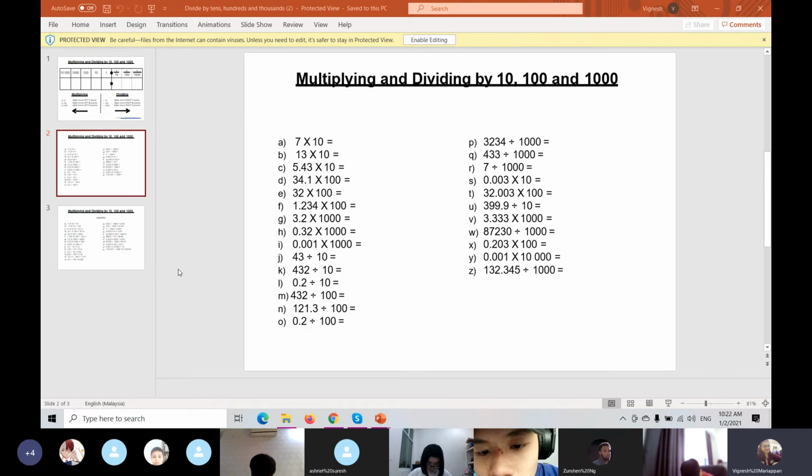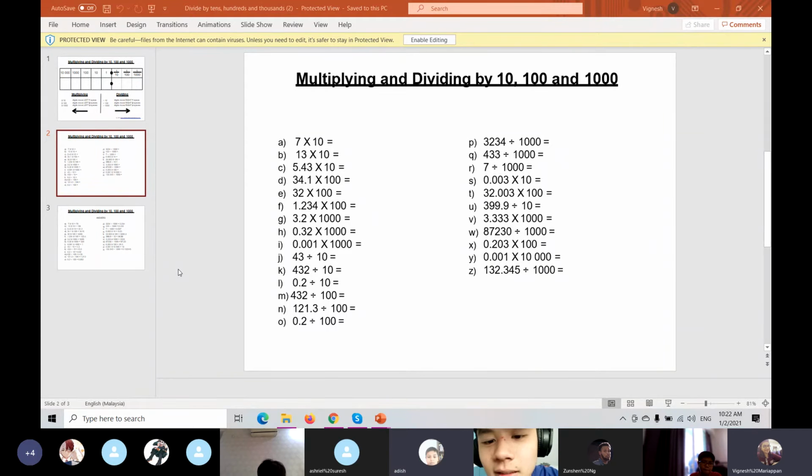Okay, 0.003 multiply 10. Who wants to try? Teacher, can I try? Hello, how many persons want to try the same question? Adish first, S, and then Josephine, you can try T later. What is your answer, Adish? 0.03. Yes, correct, 0.03, but you don't have to say zero two times in front.